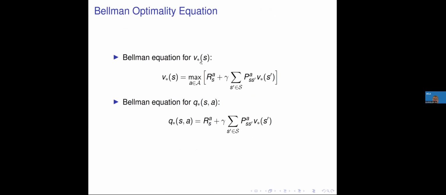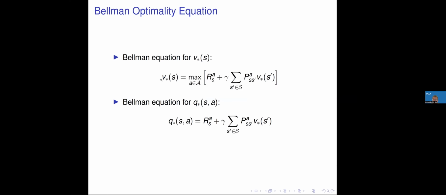For the optimal value function and optimal action value function, there also exists a Bellman equation, called the Bellman optimality equation. The difference between the Bellman equation and the Bellman optimality equation is that instead of taking expectation over the policy, we take the maximization over all possible actions. In other words, we just find the optimal action instead of taking expectation over the stochastic policy.